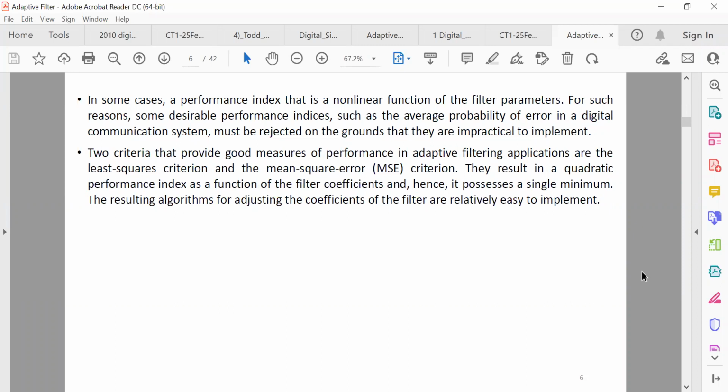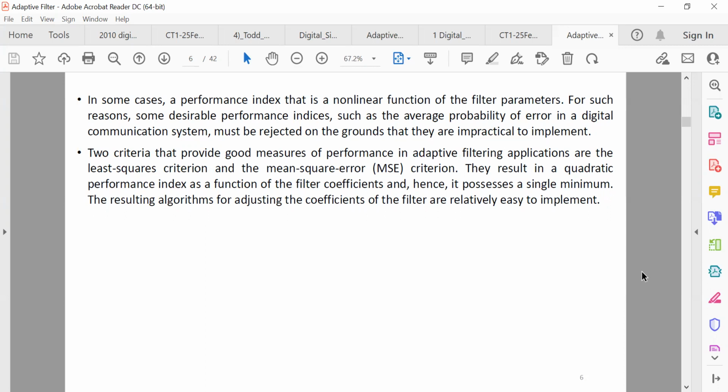One is a nonlinear function of the filter parameters and the performance of the system. Two things: one is the performance index, the error rate for example, and the other is the nonlinear function of the filter coefficients. They may not be related directly, they may not have direct correlation. At that time, it is very difficult to implement such criteria. So considering all those practical problems, we use two criteria.